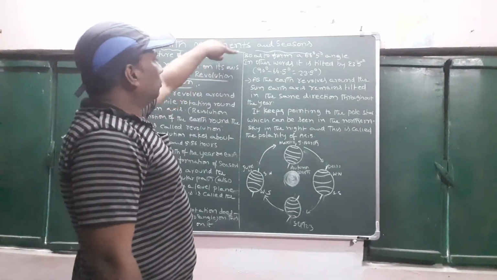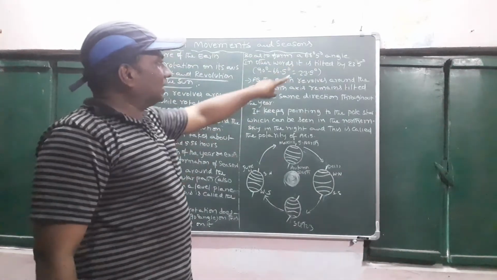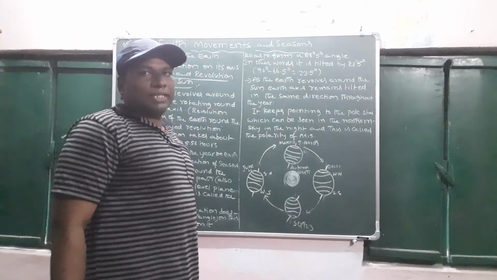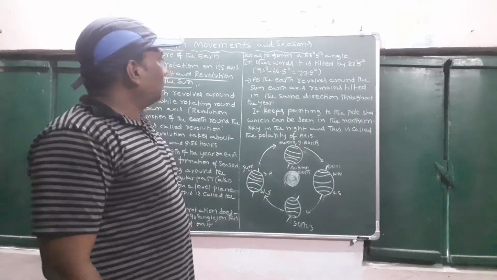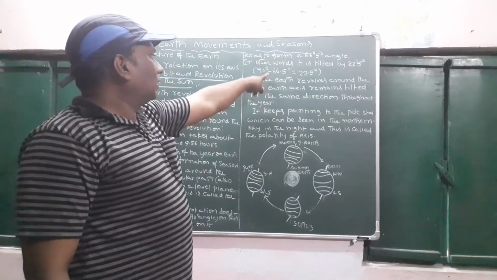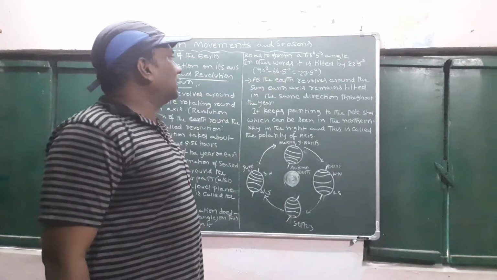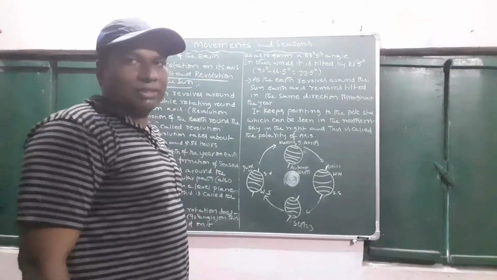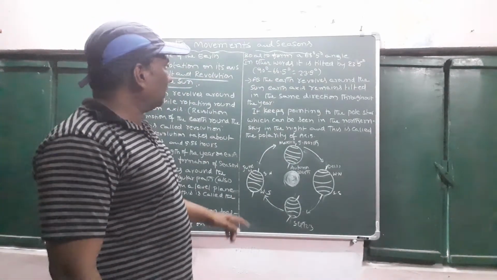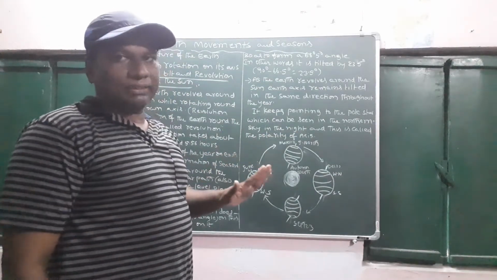It forms a 66 and a half degrees angle, in other words it is tilted by 23.5 degrees. If you subtract 66.5 degrees from 90 degrees, how much will come? 23.5 degrees will come. So earth is tilted 23.5 degrees.